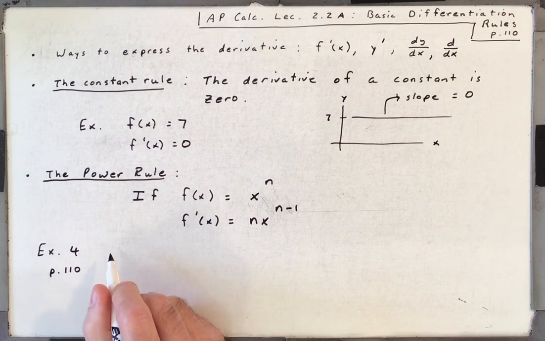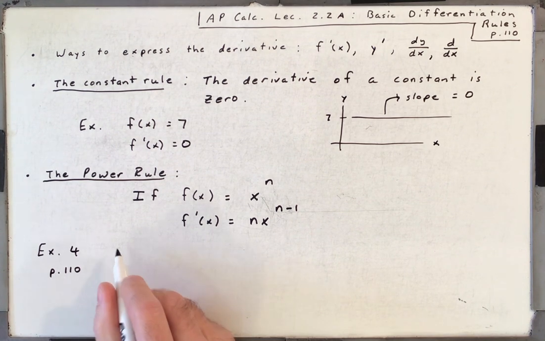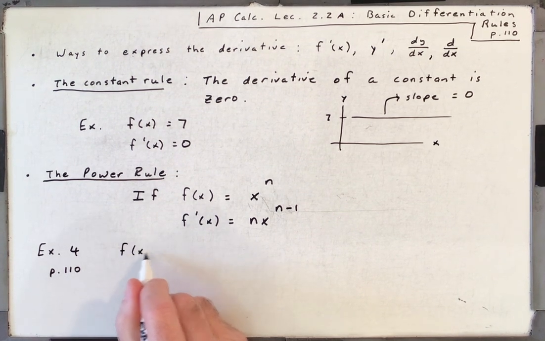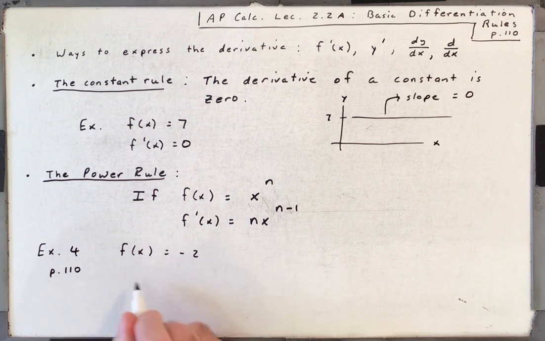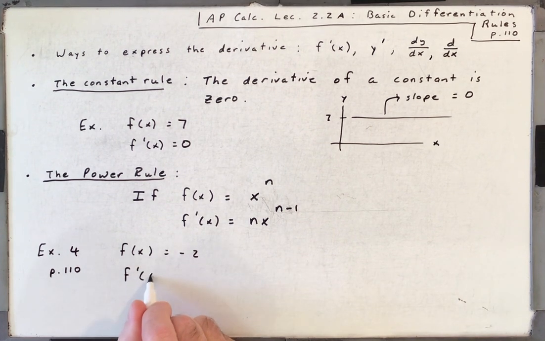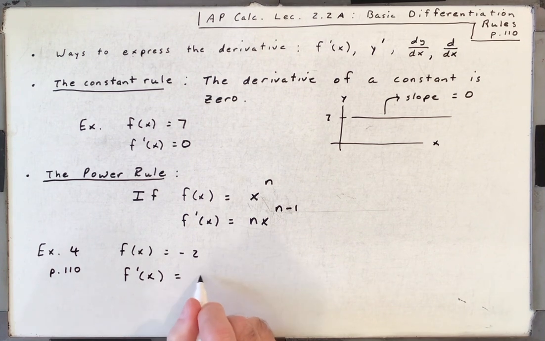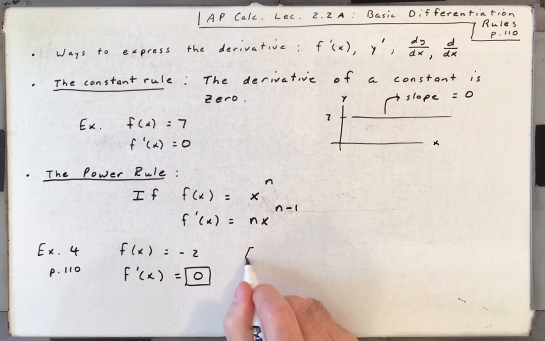So on number 4, it is f of x is equal to negative 2. So f prime of x, well, that's a constant, so it's equal to 0.